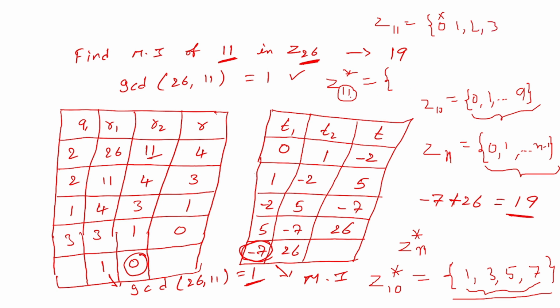So Z11 star means 1, 2, 3 and so on up to 10. Because of that, n value is a prime number. If n value is prime, then all the values except 0 in Z11 contain multiplicative inverses.